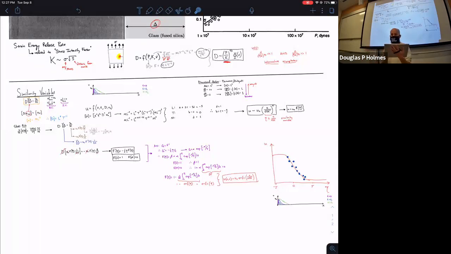I can rename that combination of things, in this case, eta, and by doing so and inserting this general solution back into my initial differential equation and initial conditions, I arrive at an ordinary differential equation that is significantly easier to solve.